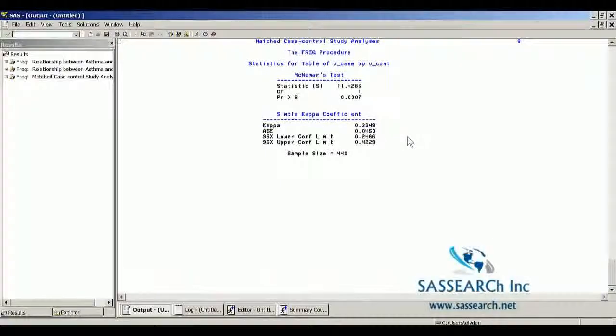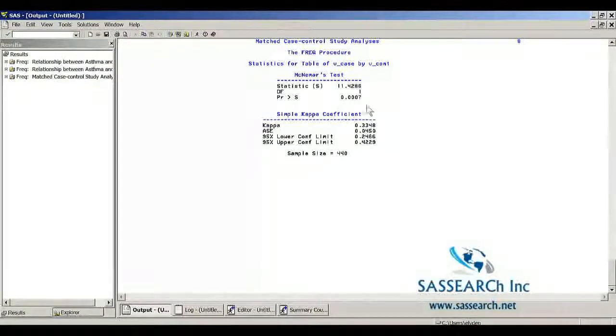And that's not surprising, because if our McNemar's test is very, very significant, that would suggest that the proportions differ between the cases and controls. And if they differ a lot, then you're not going to have very good agreement between the cases and controls. So you're not going to expect that the results of the McNemar test and the kappa statistic are going to agree.